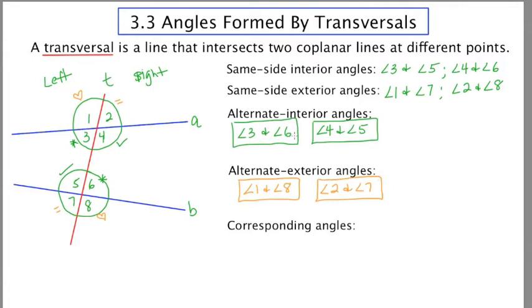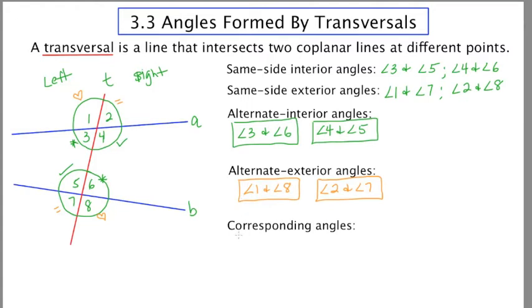So alternate interior and alternate exterior angles are pretty easy because the terms themselves sort of describe what you're going to be looking for. The last type of classification is corresponding angles, and this might be the toughest one of all because the name itself doesn't really imply what's happening there.